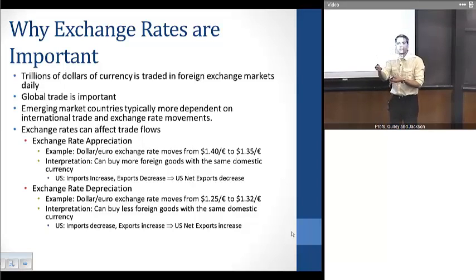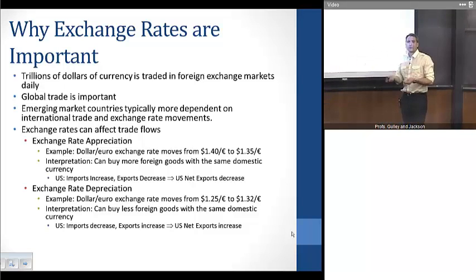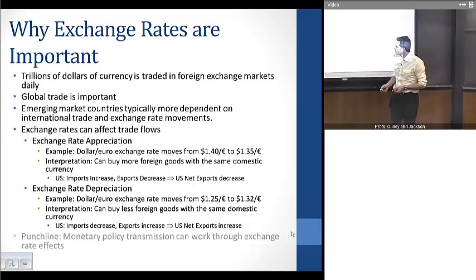So it's more expensive if we're in the U.S. and we're trying to buy foreign goods. So we're going to buy less imported goods. The flip side of that is that our goods that we produce here are going to become cheaper in foreign countries, okay? And so that results in an increase in exports. So again, we put both of those things together. That's going to result in an increase in net exports.